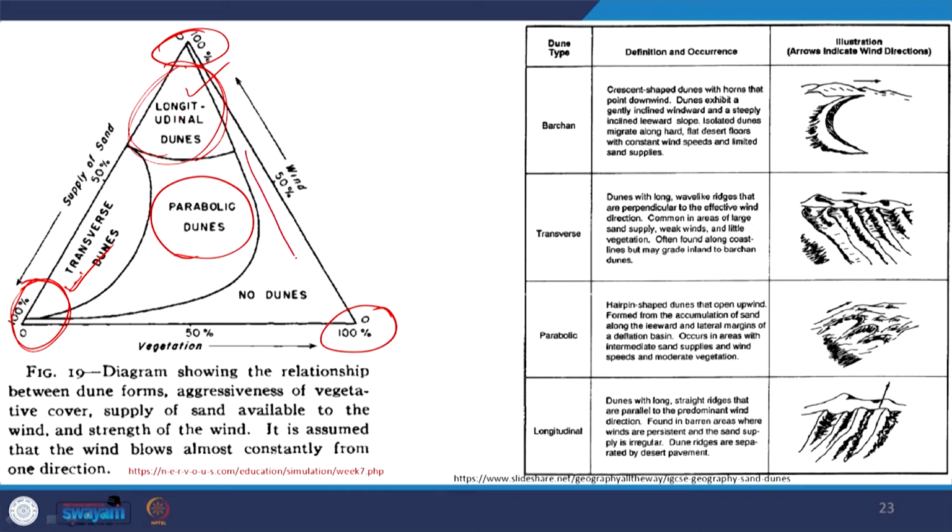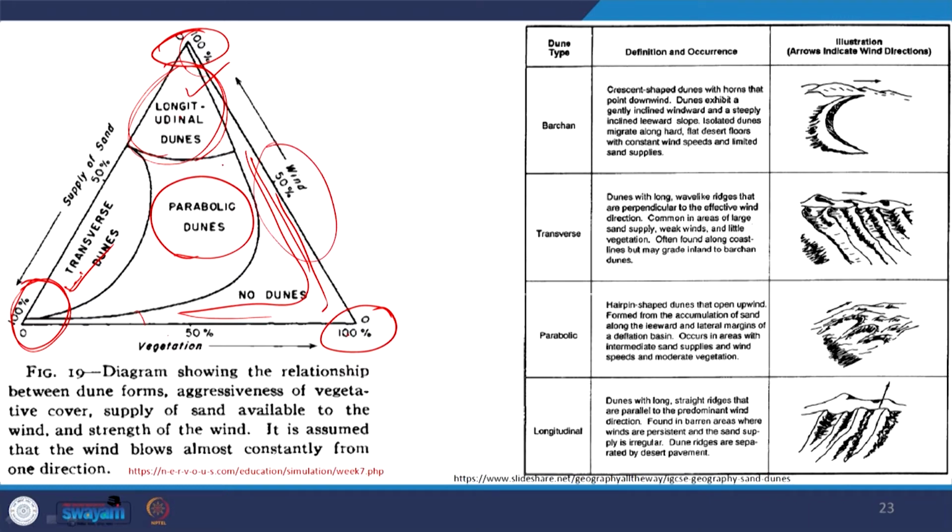But if you see this region, there are no dunes, because we have 100% vegetation and sand supply. If sand supply is there and vegetation is there, no dune will form. Similarly, on this side wind speed is less, so sand supply will be there, but with less wind speed the dune will not form.